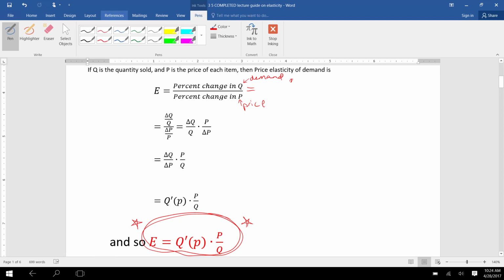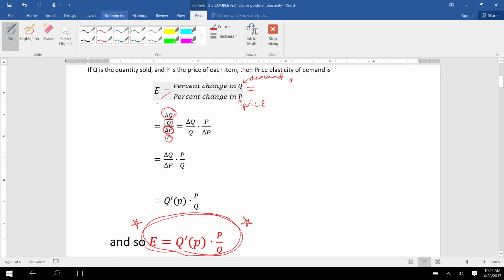It's always how much something has gone up or down, how much absolute change has occurred, divided by the original starting value. So for percent change in Q, it would be change in Q, how much absolute change has occurred in Q, divided by the original value of Q. Percent change in P would be the absolute change that's occurred in P divided by the original value of P.